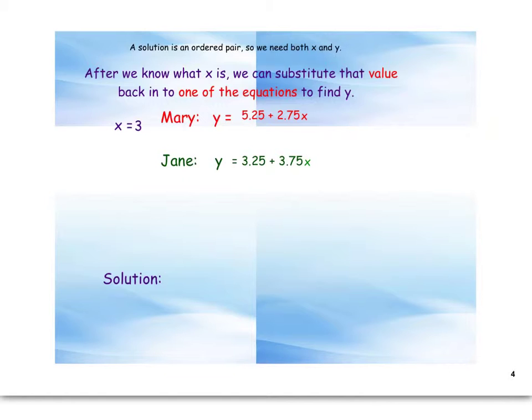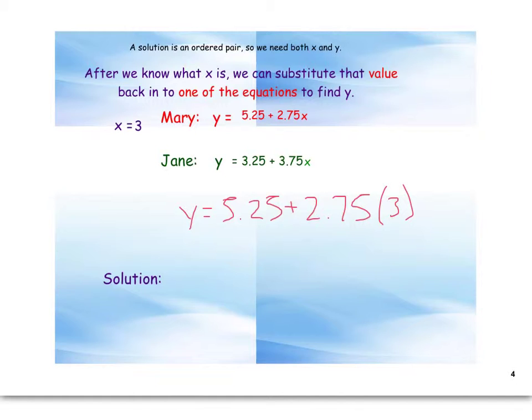We can choose whichever equation we want. I'm going to choose the equation for Mary and say y equals 5.25 plus 2.75, and instead of x, I'm going to plug in what we got for x, 3.